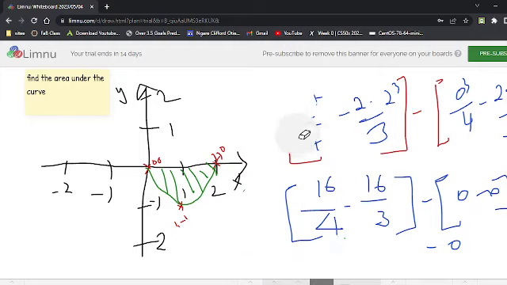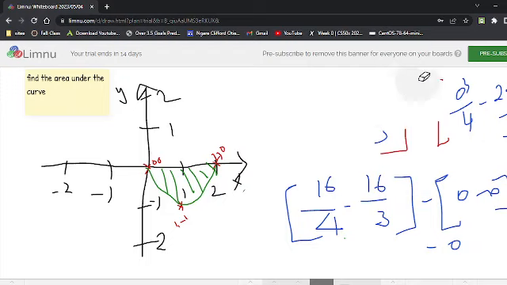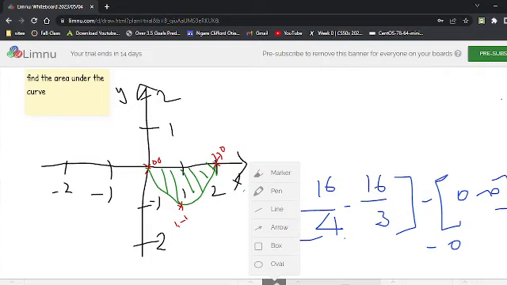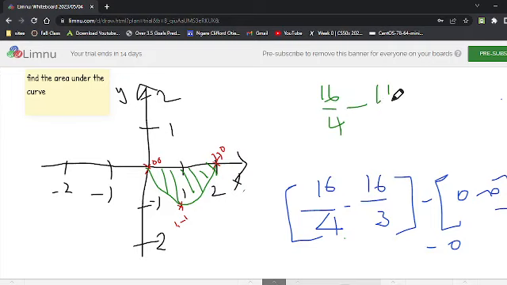So let's find the final answer. It's going to be 16 over 4 minus 16 over 3, which is negative 4 over 3, the same as negative 1 and 1 over 3.